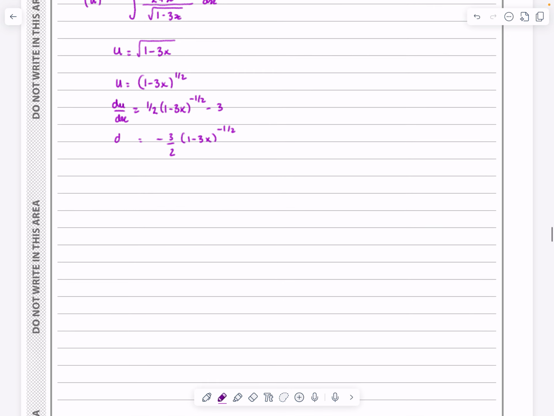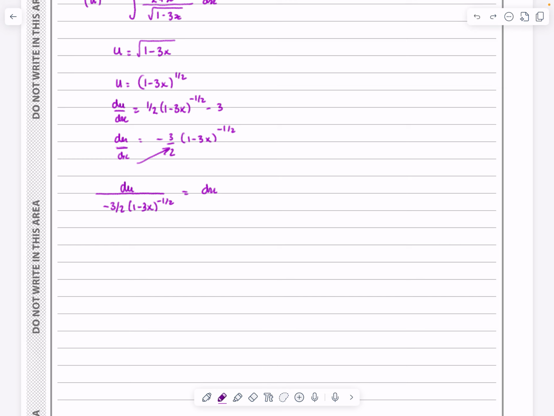Now that's du by dx, and what I actually want is to get dx equals, because I'm going to sub it over. So just be careful of this. Do it slowly. It's du over minus 3 over 2, 1 minus 3x to the minus a half. That's equal to dx. I just took that up there and took the other one down there.